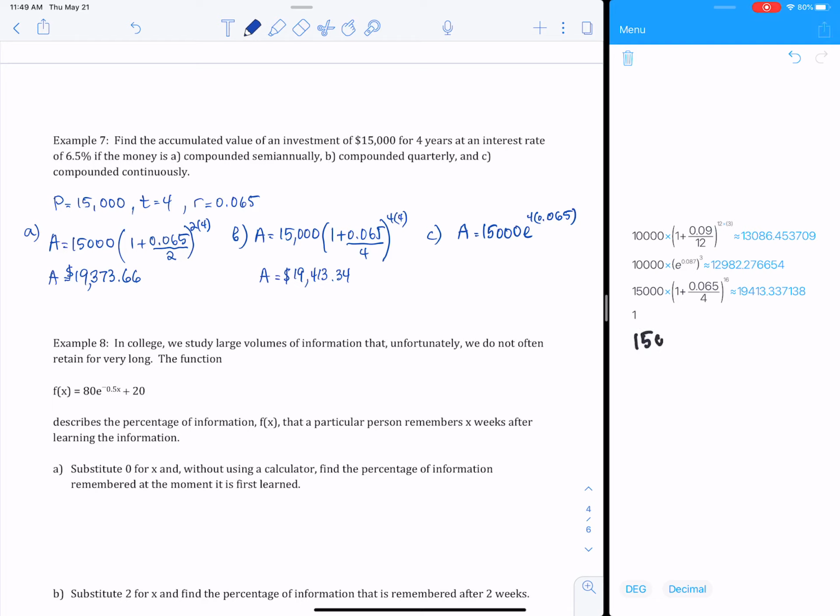That's 15,000 times e power by 4 times 0.065.